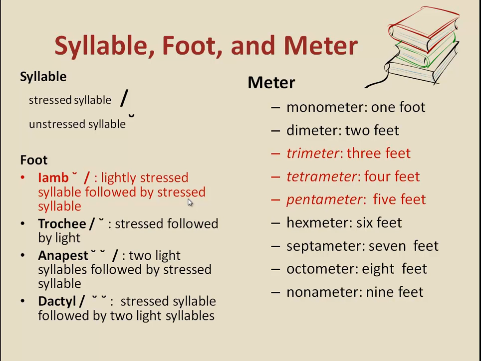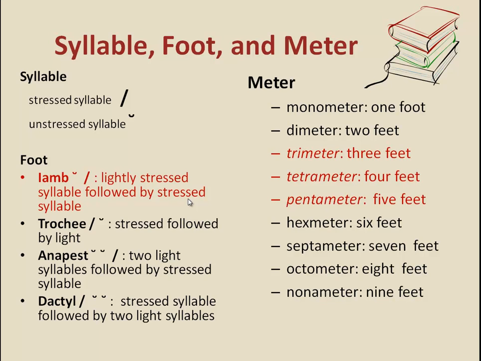Dimeter, or di, that concept of 2, would be what's on here. And it just interprets the number associated with the meter. So don't try to make this too hard. The last part of the word is always going to be meter, and it's just how many feet you have in order to create that meter. All right, so now that I've utterly confused you, let's go on in.